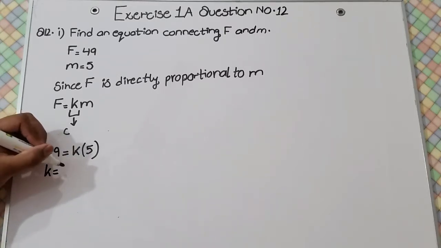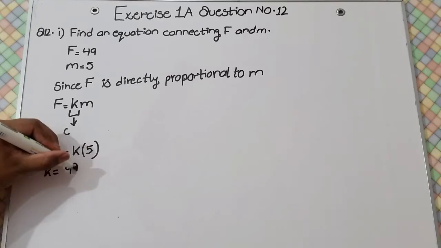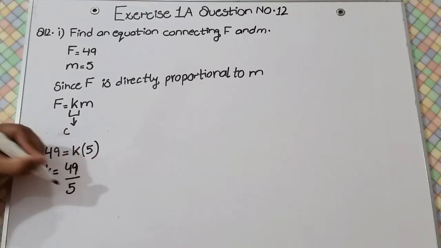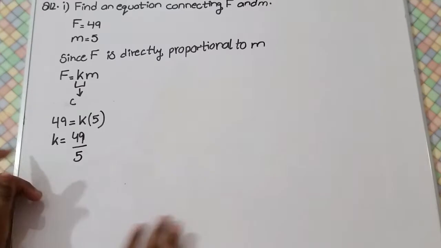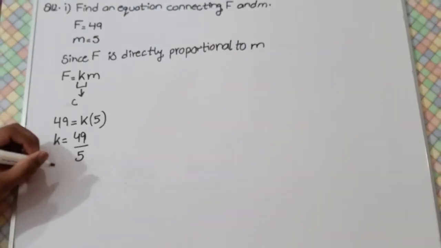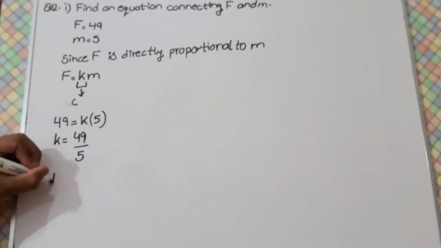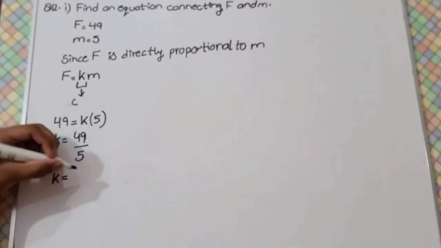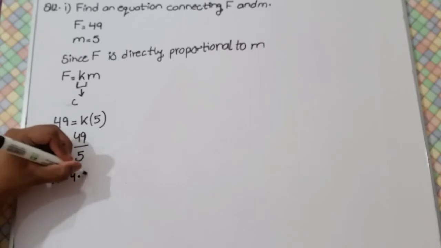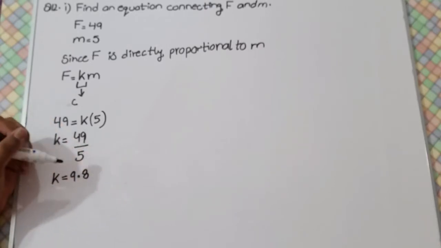So 49 divided by 5. You can solve this fraction in the calculator, or if you're not allowed, you need to solve it with the decimal system. In the calculator the answer of K is 9.8, and the equation has been created.